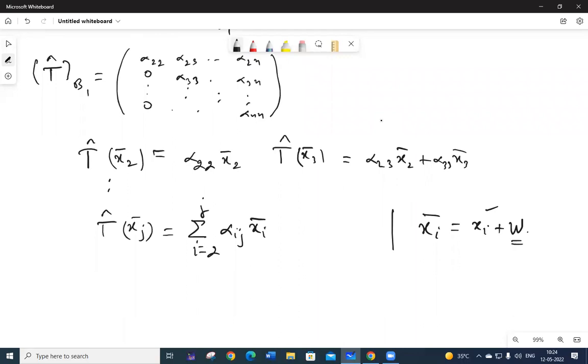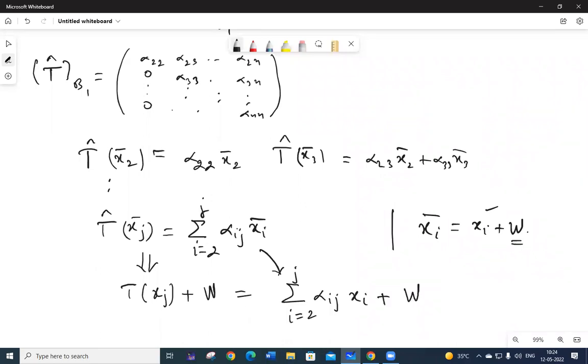T cap is the induced operator of T. This means T cap of xj bar is the same as T of xj plus W. This part is the same as writing the sum over i from 2 to j of alpha ij times xi plus W. I can write this way.